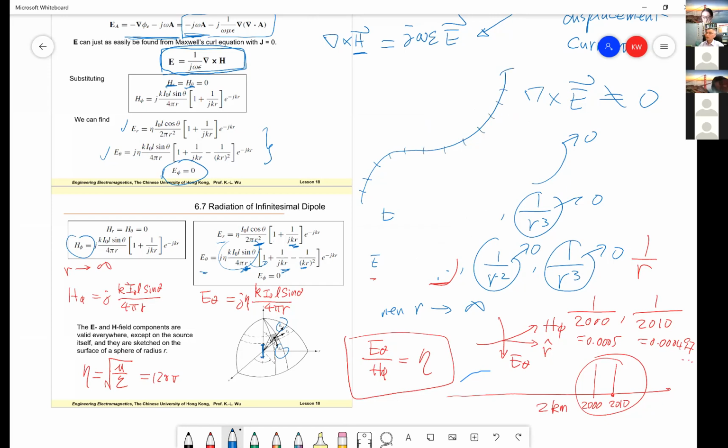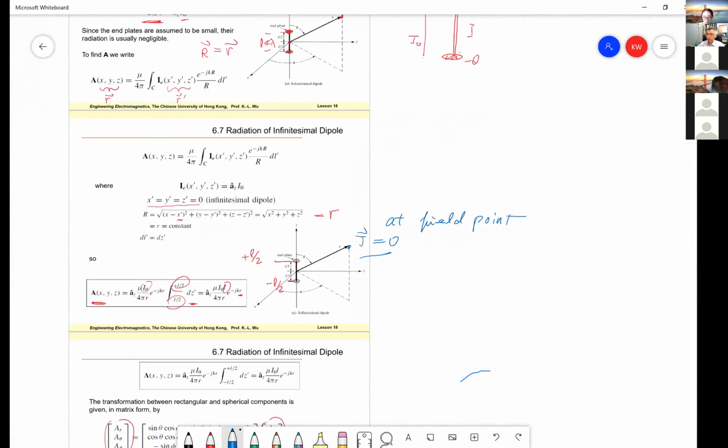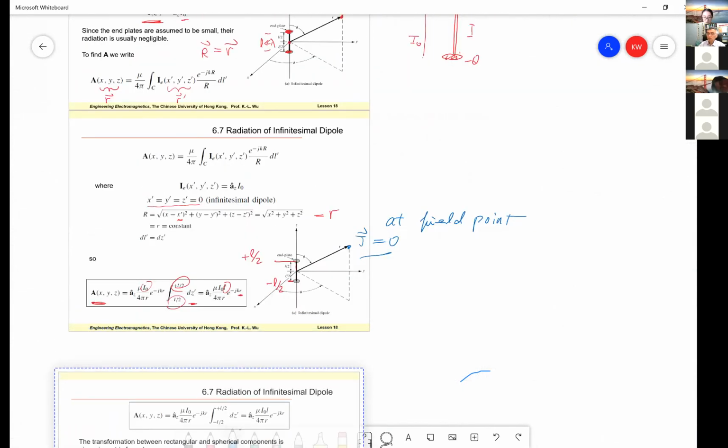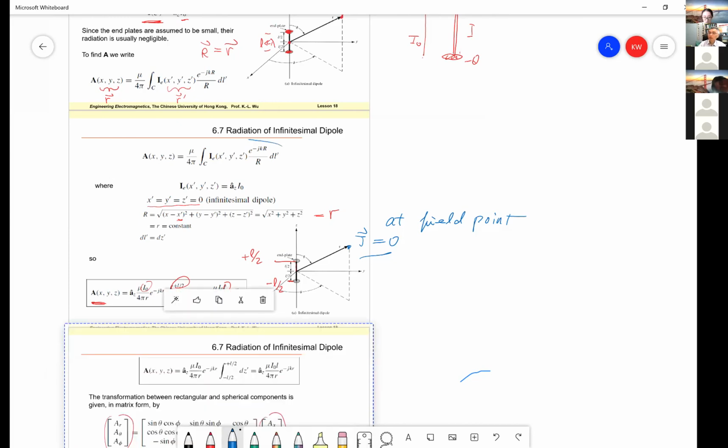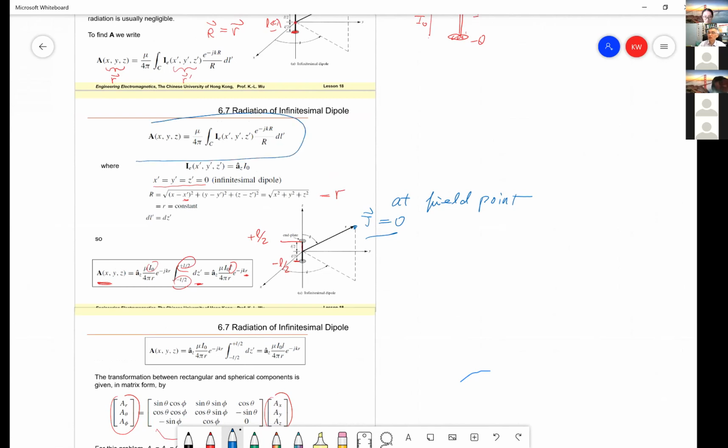If we know the current distribution, we can integrate along the current L prime, the source.